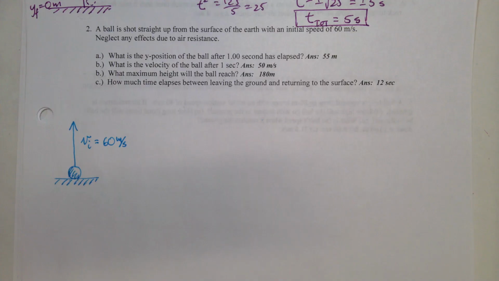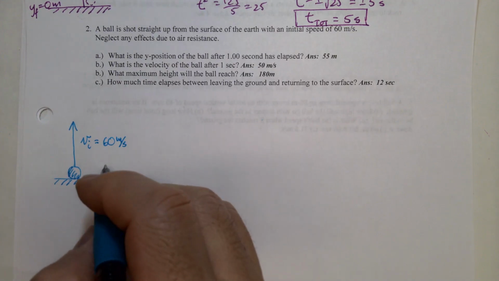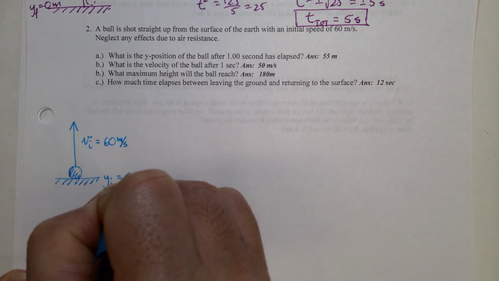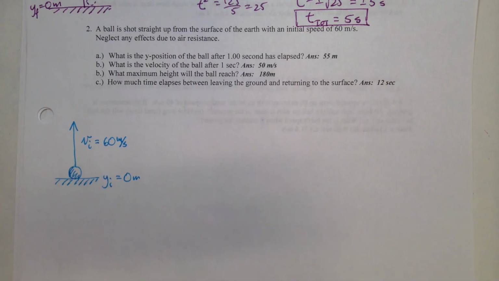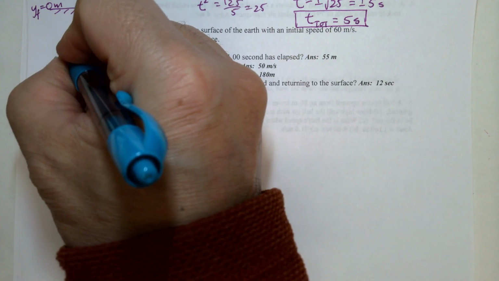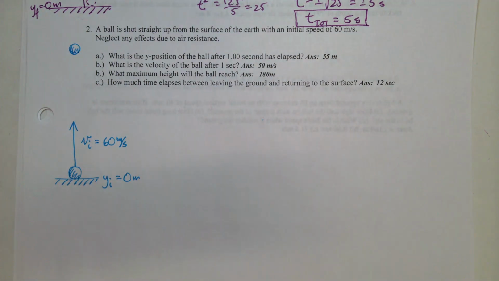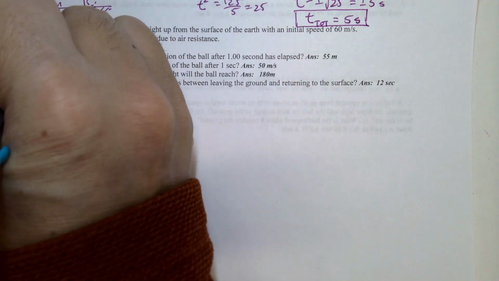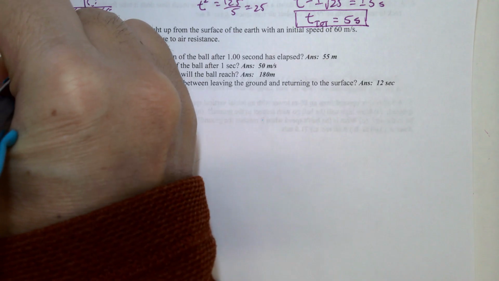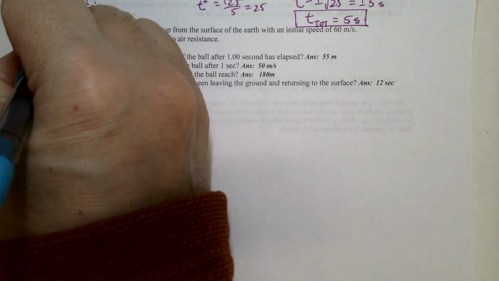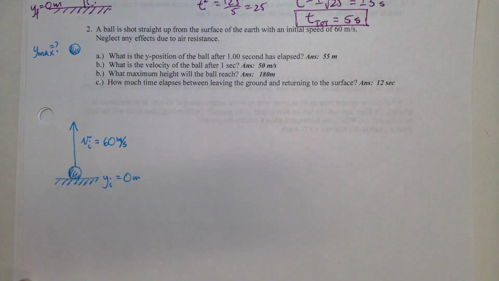All right? And this is your y initial, and your y initial is at the ground level, so that's 0 meters. Then it's going to reach a maximum height somewhere. I don't know where it's going to be, and that is your y max, and that's what we're looking for.